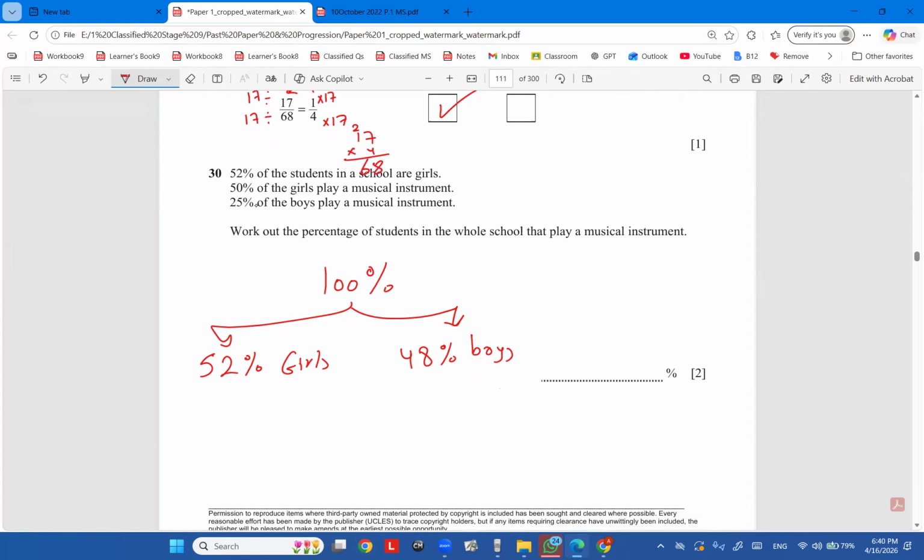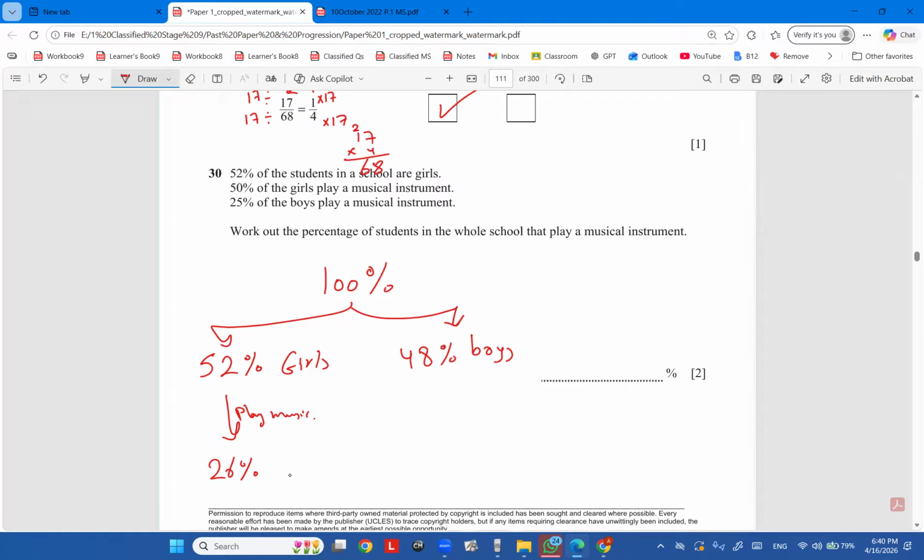They told you that half of the girls play a musical instrument, which is 50% of the 52%, so 52% divided by 2. You're going to find that it is 26%.